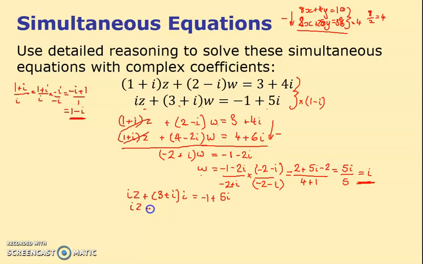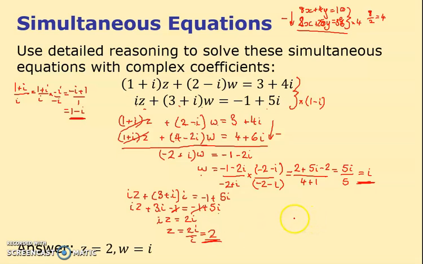I've got iz plus 3i squared, of course, is minus 1, equals 1 minus 1 plus 5i. Move the 3i over, move the 1 over. I get iz equals, the minus 1s effectively cancel, and I get 2i. And if I divide by the i, I get 2i over i, which at long last is 2. So I think I've got my answer. z is 2 and w is i.